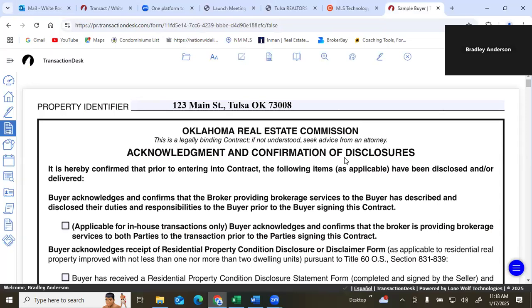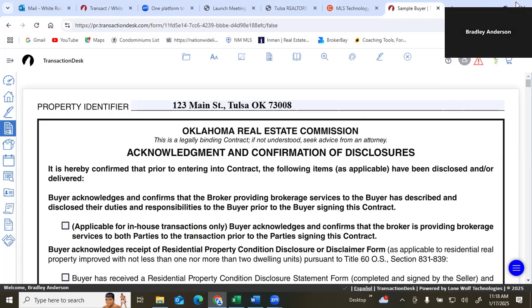Okay. So this is obviously from the perspective of buyer representation. And in transaction desk, which is where I am now, you would have created a transaction and applied all the various documents that you need, and also filled out your buyer's name, seller's name, email address, all that information so that it transfers over here nice and neat and makes your job a lot easier.